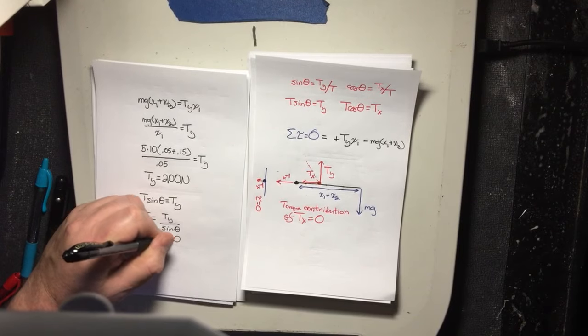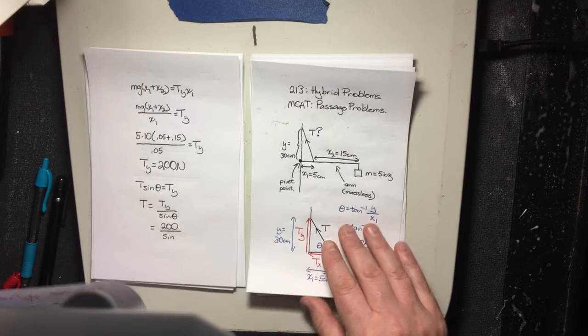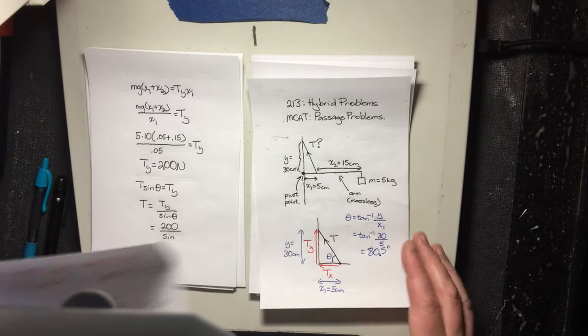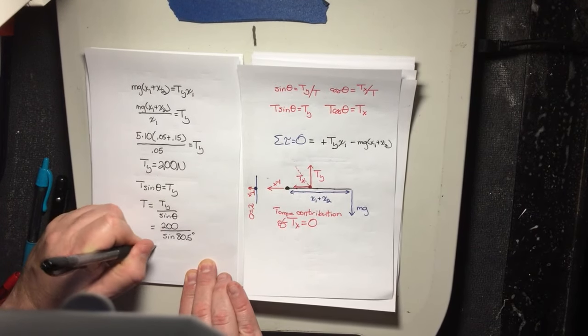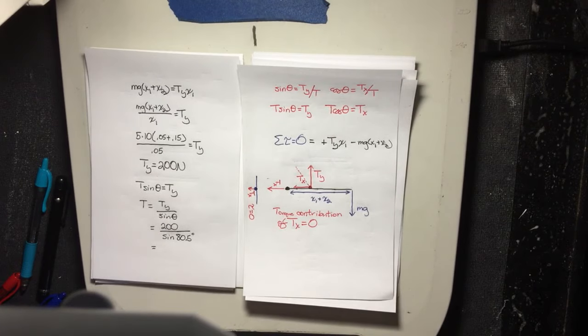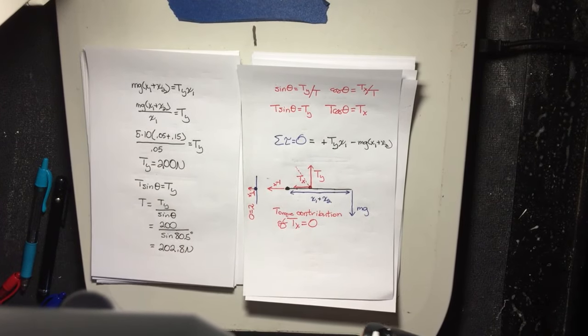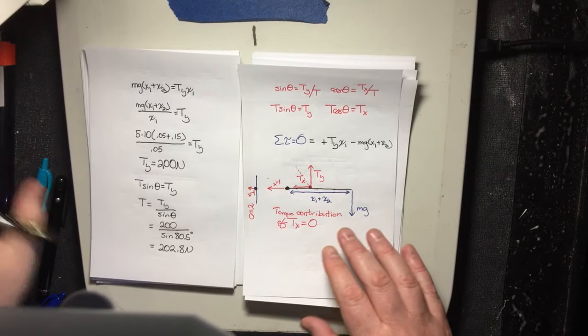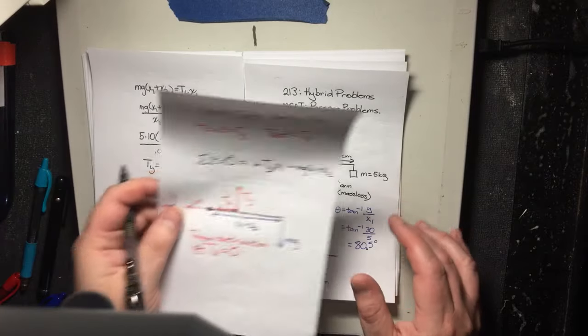So 200 divided by the sine of 80.5 is 203.8 newtons. And so that is how you would solve a bicep problem. All right.